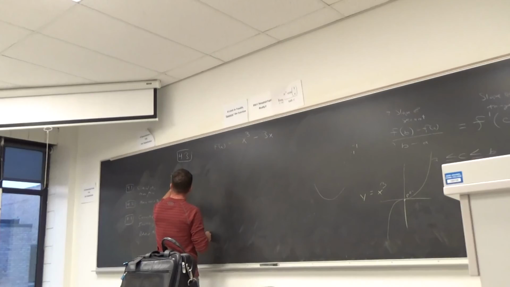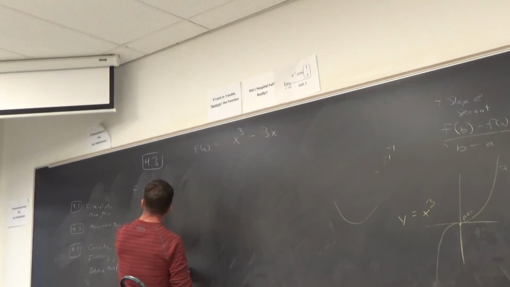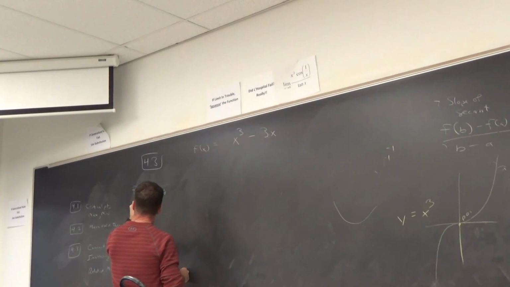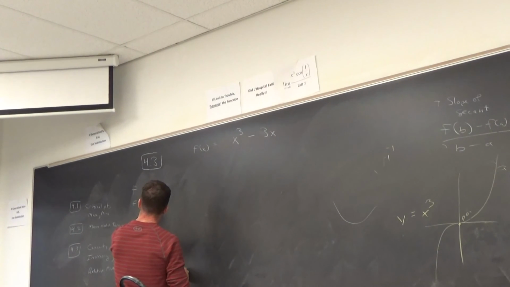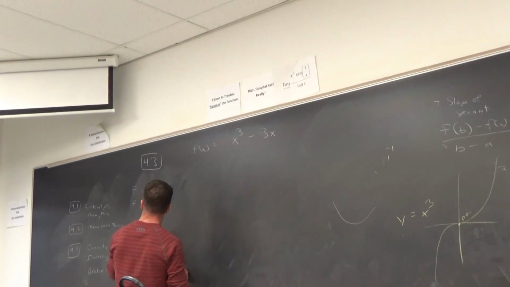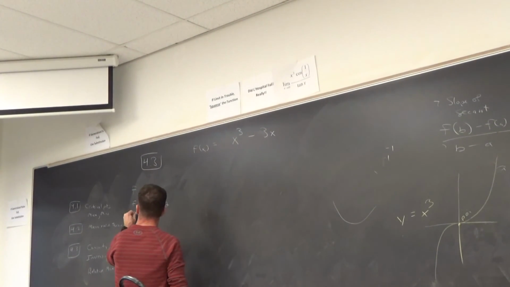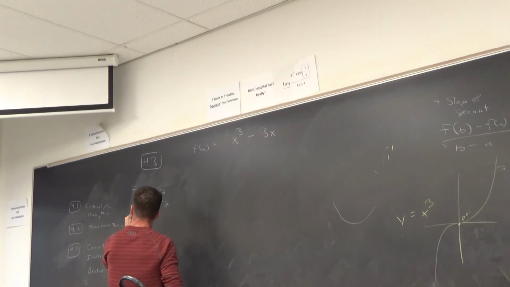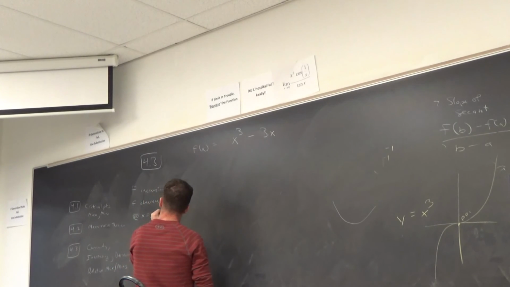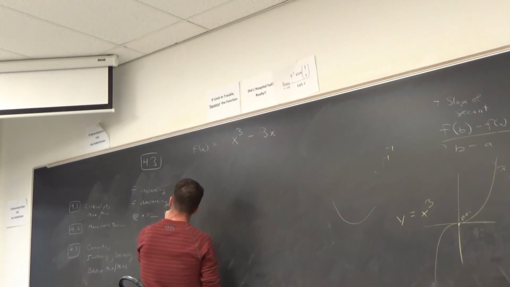Where's f increasing? So we're going to have to list the interval. Where's f decreasing? Alright. Let's find local max. At x equal to blank, local max is blank.